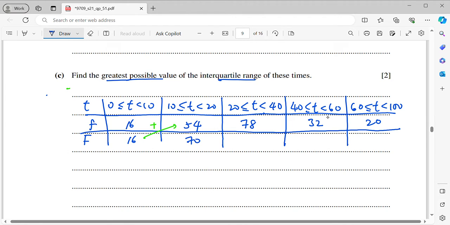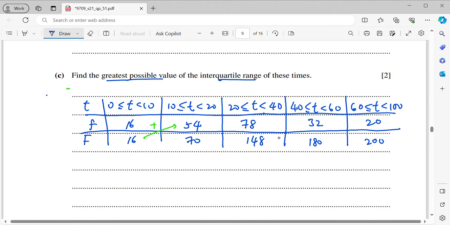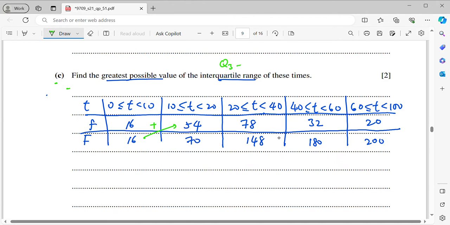Alright, so 70 plus 78, it will be 148. 148 plus 32, it will be 180. 180 plus 20, 200. Okay, so interquartile range is basically Q3 minus Q1.